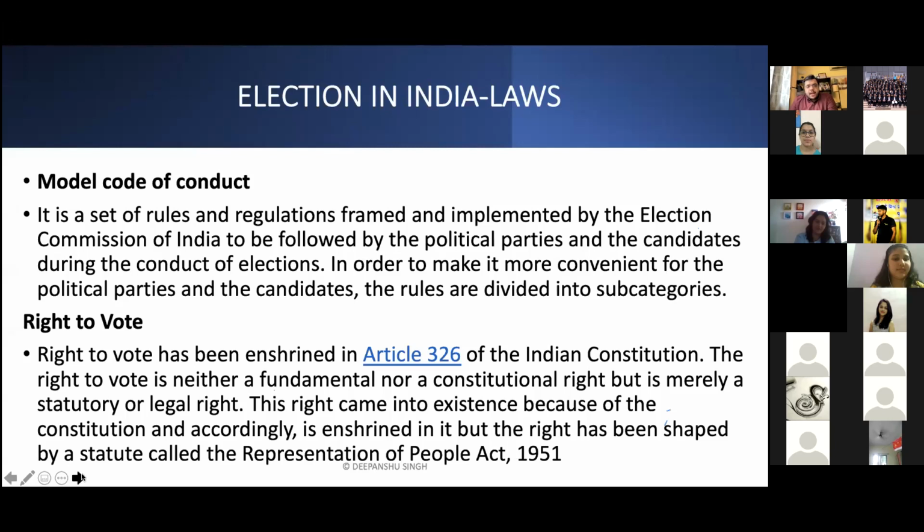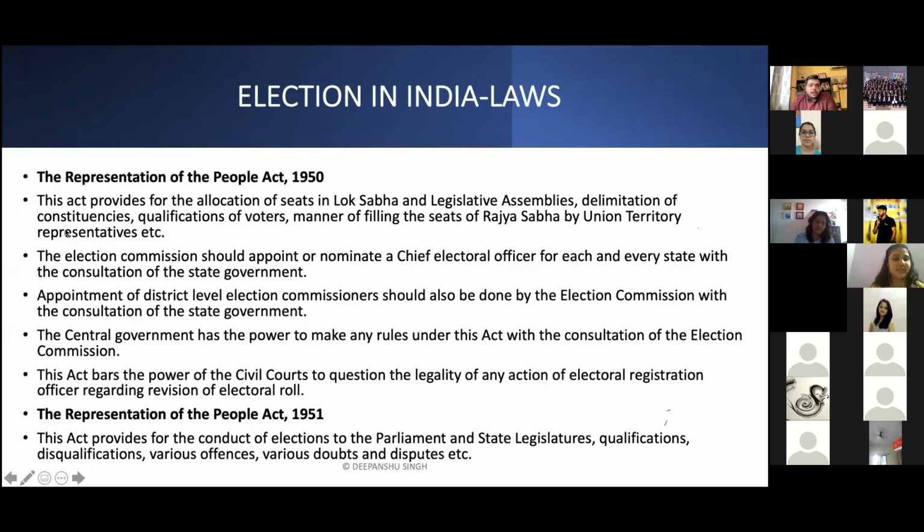Similarly, apart from this, there are other laws also which we'll be talking about in this lecture. For example, election conduct rules. So I was mentioning the RPA Act. The RPA Act of 1950 basically gave a brief idea about how the Election Commission should appoint and nominate the chief electoral officer, how the allocation of seats should happen for Lok Sabha and the assemblies. Similarly, how the appointment of district level election officers should be done.